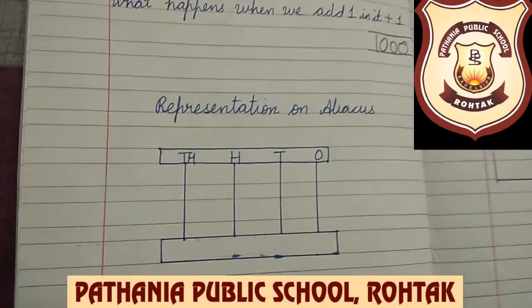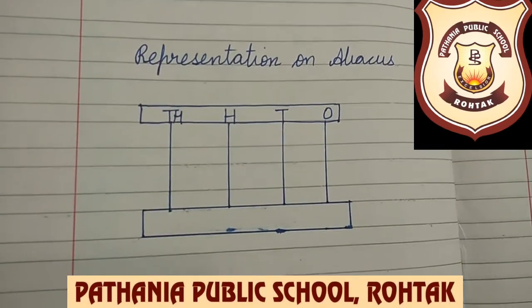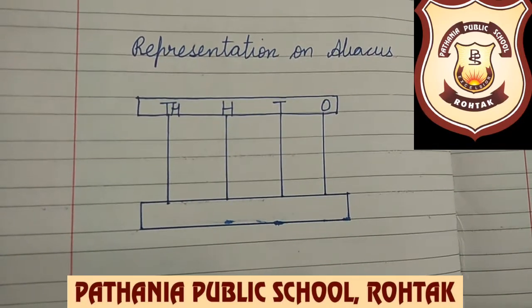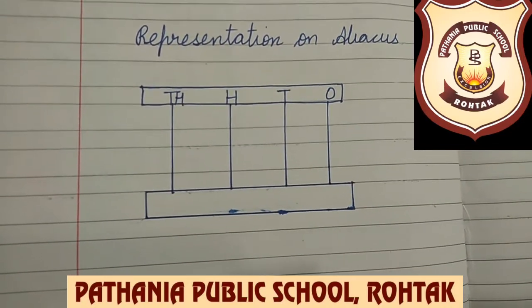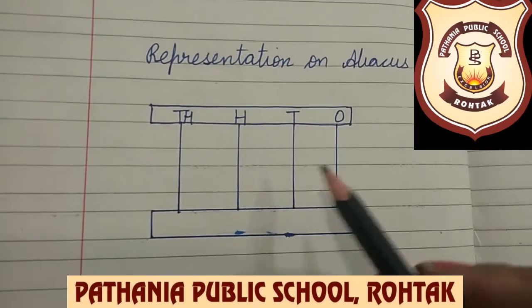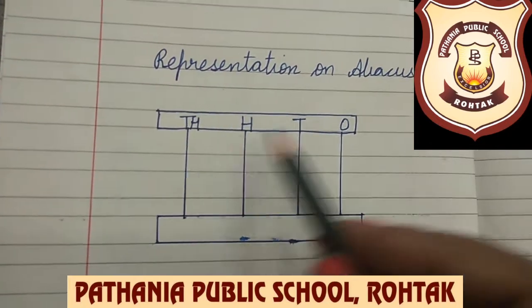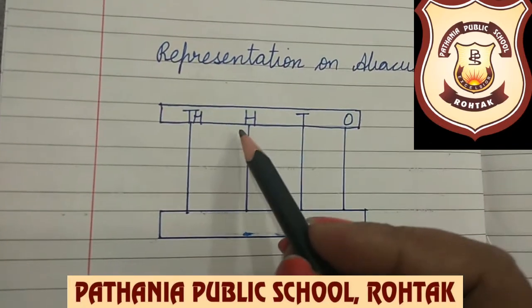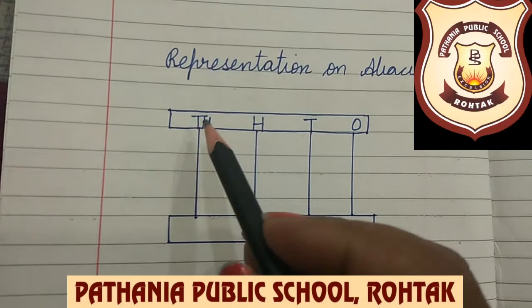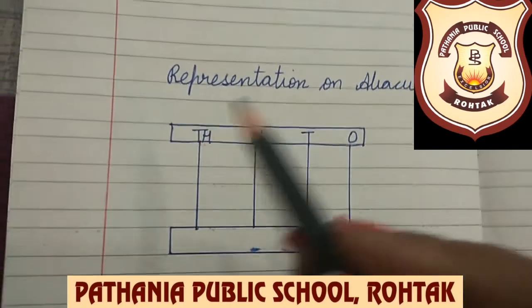Now this is the tool abacus, on which we will learn how to represent numbers. Representation of numbers on the abacus. As you can see, beta, there are four columns: ones, tens, hundreds and thousands, because now we will study numbers beyond hundreds.